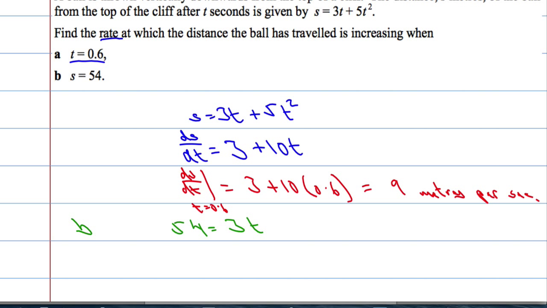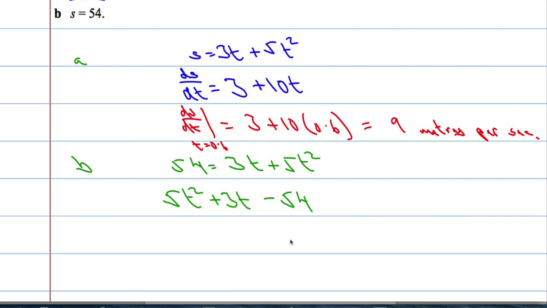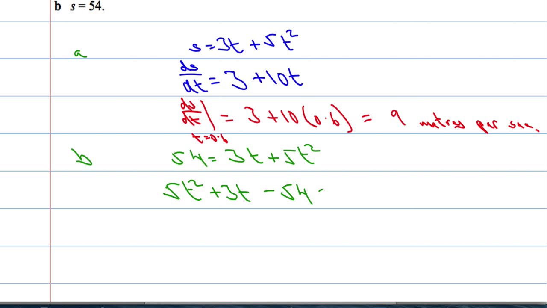This is part B, and that was part A. I see a squared term, a power of 1 and a constant, so it looks like a quadratic, and I'm going to write it in the form of a quadratic: 5t squared plus 3t subtract 54, and that's equal to 0.